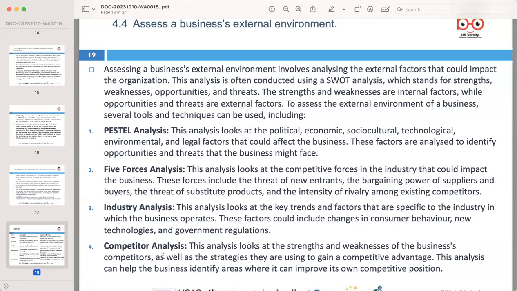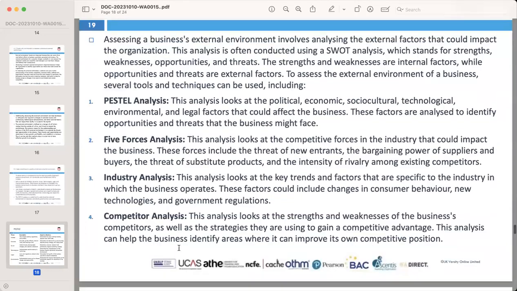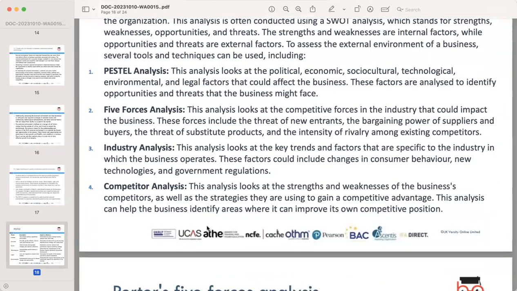Then competitor analysis. This analysis looks at the strengths and weaknesses of the business competitors, as well as the strategies they are using to gain a competitive advantage. This analysis can help the business identify areas where it can improve its own competitive position.